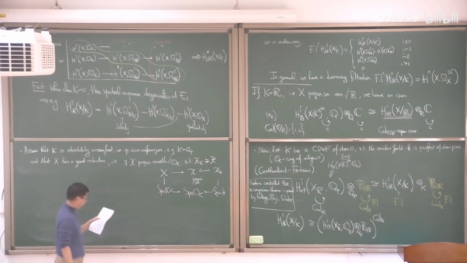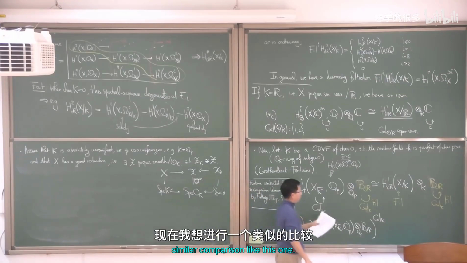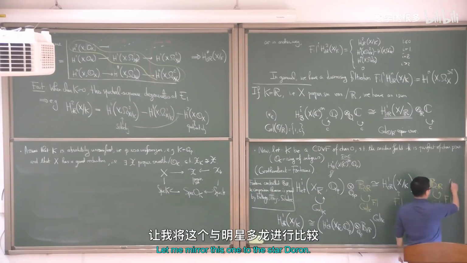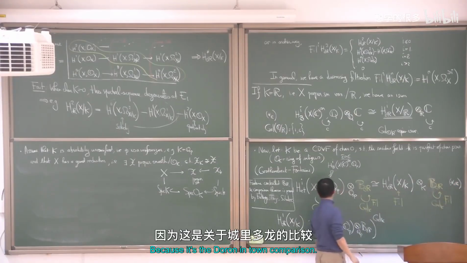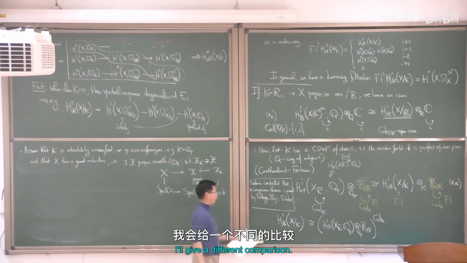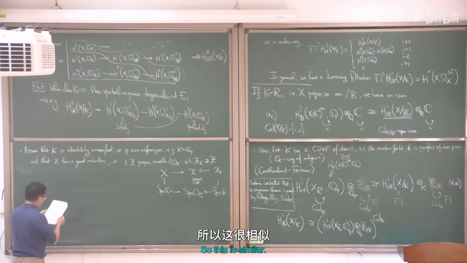Okay, next step. Now I want to write down a similar comparison like this one. Maybe write this one as the de Rham and étale comparison. I'll give a different comparison right away. So this is similar.